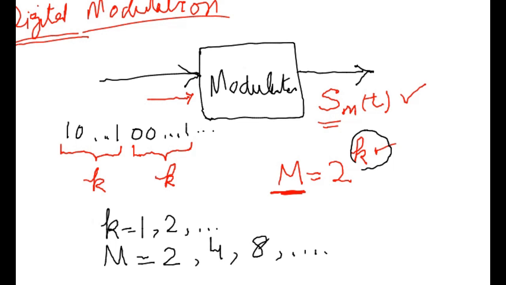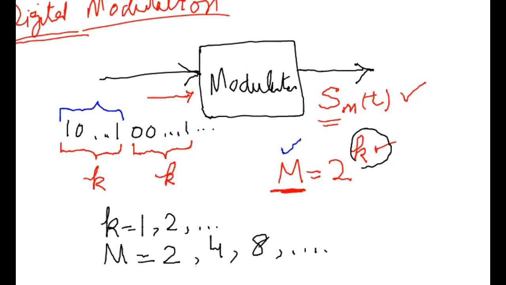So if we group the bits in groups of k bits, we should have M unique signals to carry those k bits.